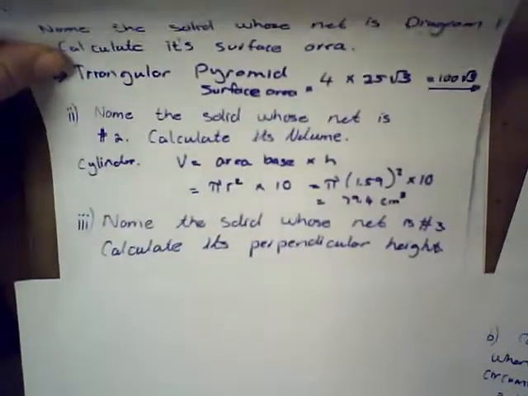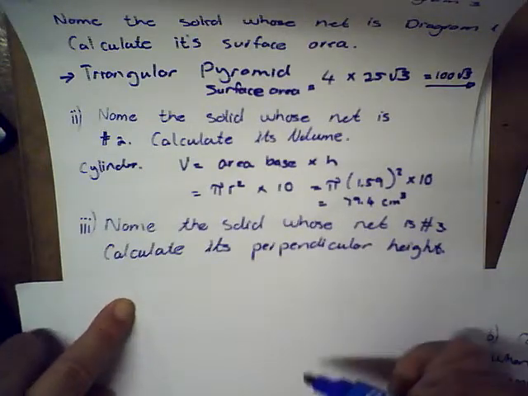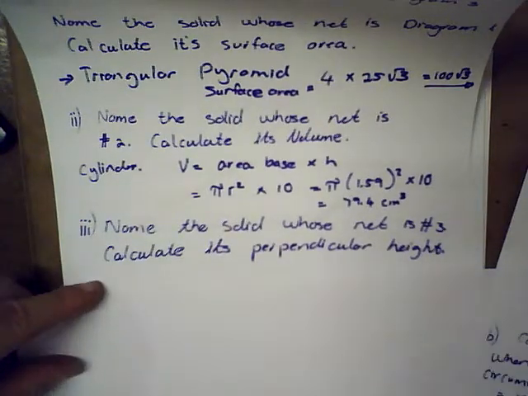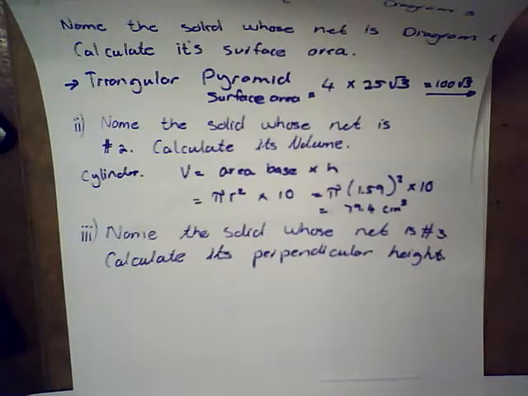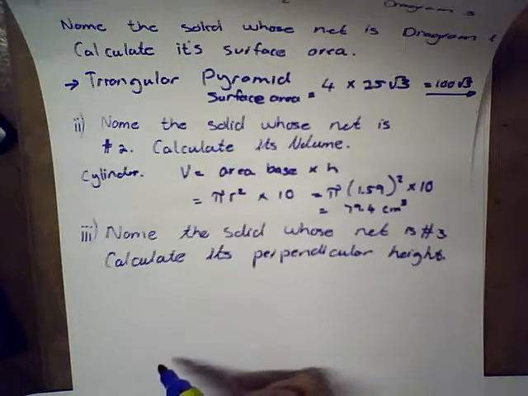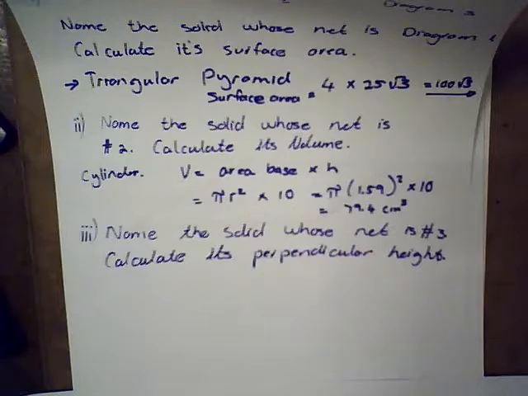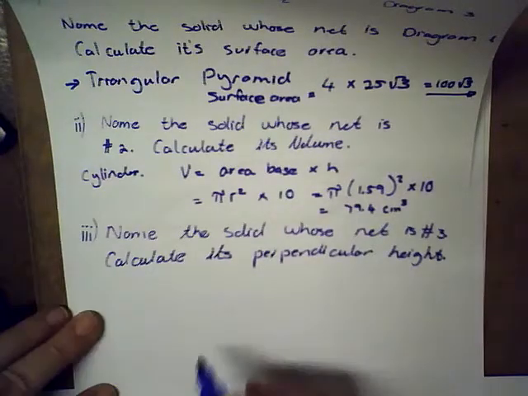Okay, the last one. Name the solid whose net is in diagram 3 and calculate its perpendicular height. Okay, so we've got to do a little bit of thinking there. We need to find the solid's perpendicular height, not the net's perpendicular height. So what kind of solid would it be? It would be a cone.